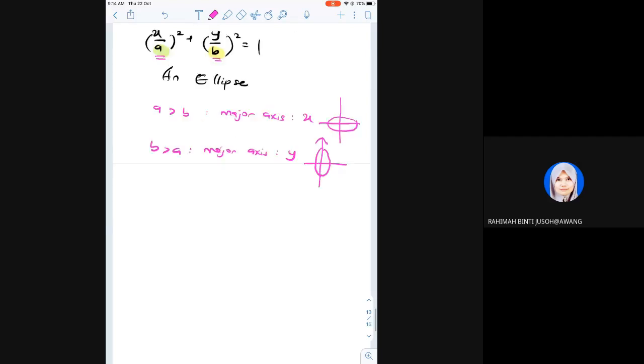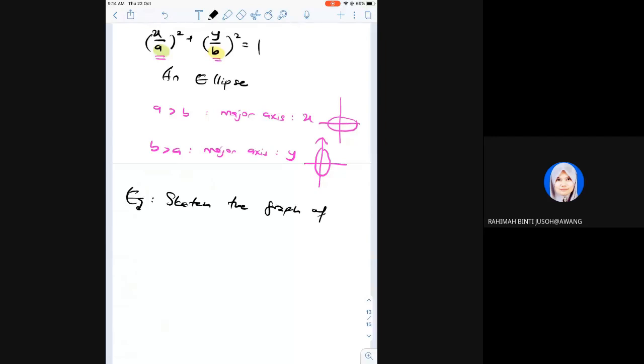Okay, now let me give you one simple example. Sketch the graph of. Guys, bila I do the class, I'm not using the full sentence of instruction.